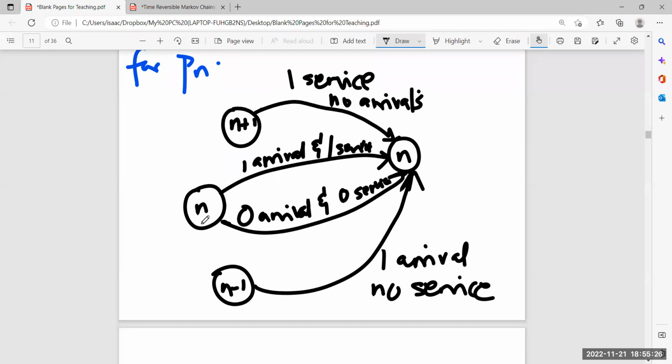Then from n to n, I could have one person coming in and one person leaving, and that will give me n. Or I could have 0 persons coming in and 0 persons leaving, and that also gives me n. And then I could have n minus 1, and to get to n, I must only have one arrival, no service.